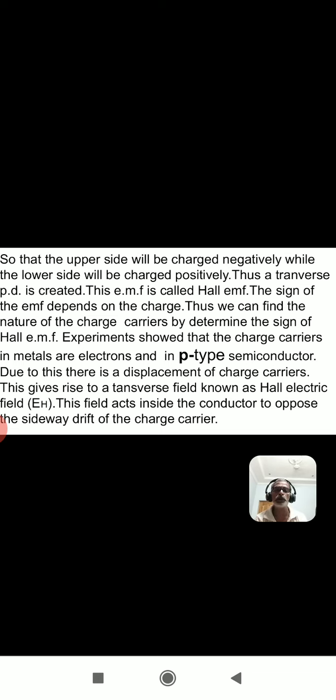So due to this potential difference, a transverse field appears, which is known as the Hall field. This field acts inside the conductor and opposes the way of the charge carriers.